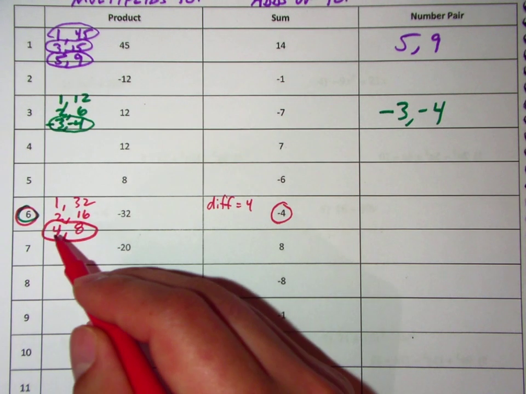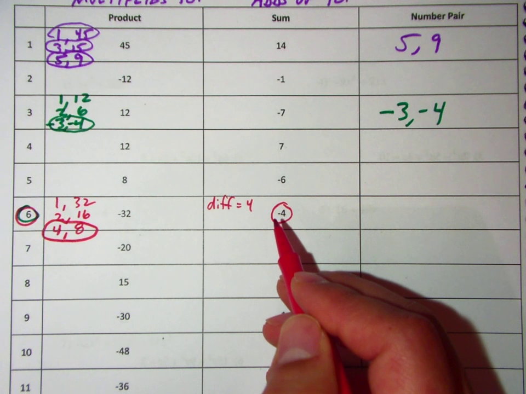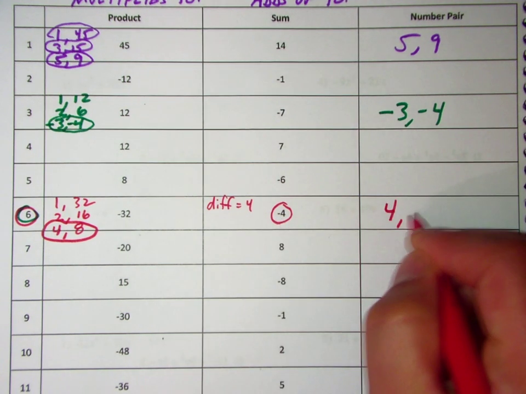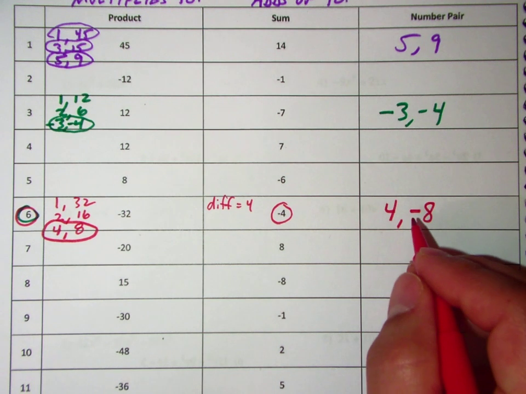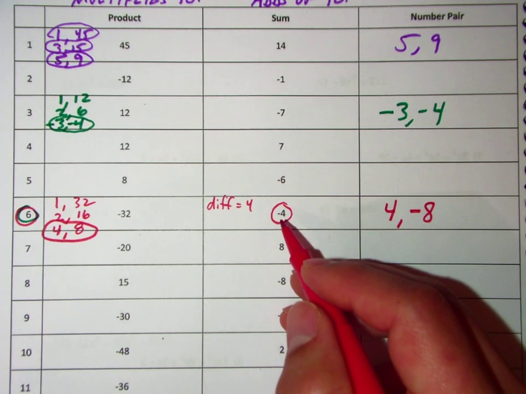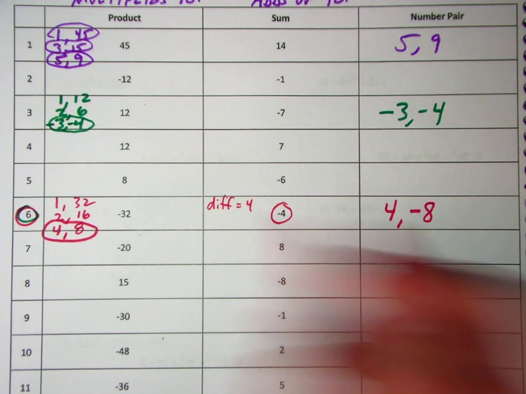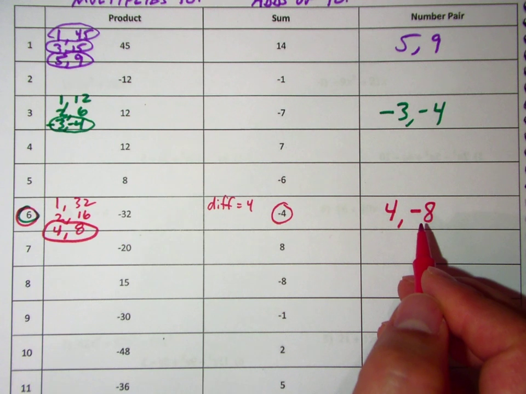4 and 8 have a difference of 4, and if we want to add to -4, we just make the larger number negative, okay? If you were to take 4 plus -8, you get -4, and if you were to take 4 times -8, you get -32, and so that is the winning combination there, okay?